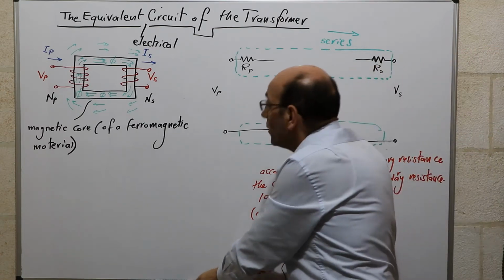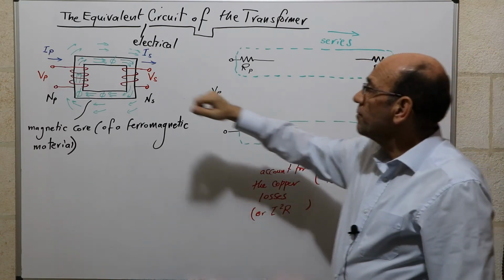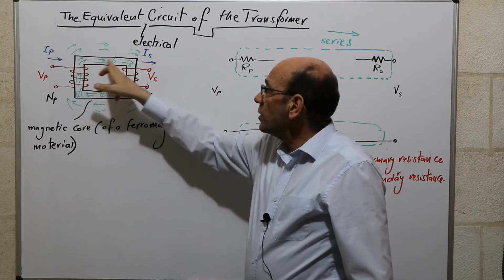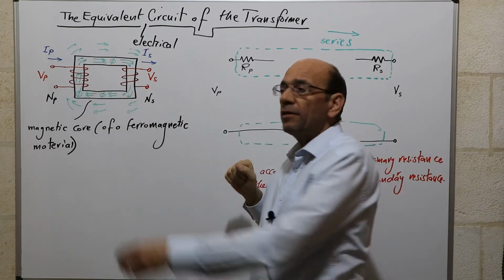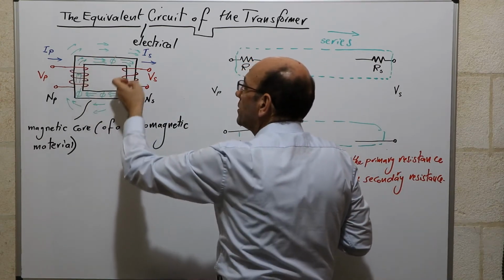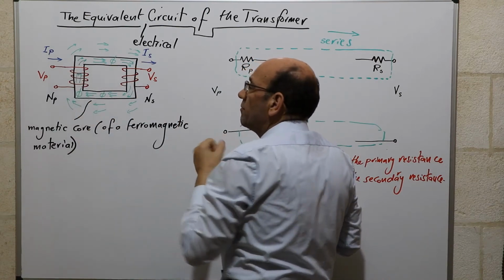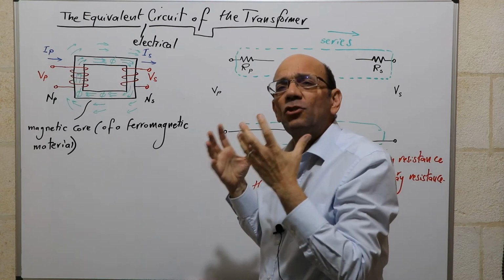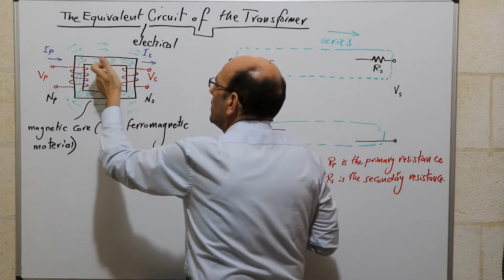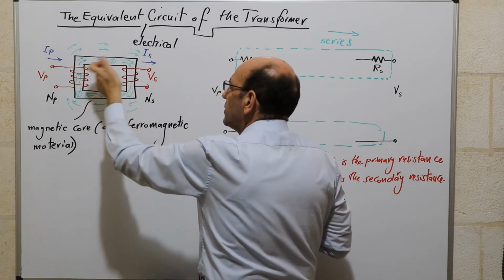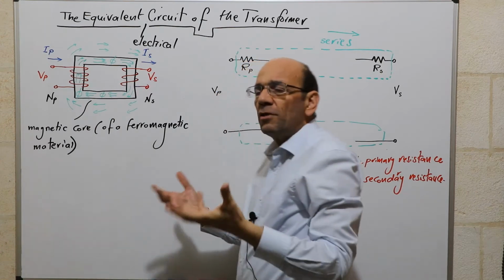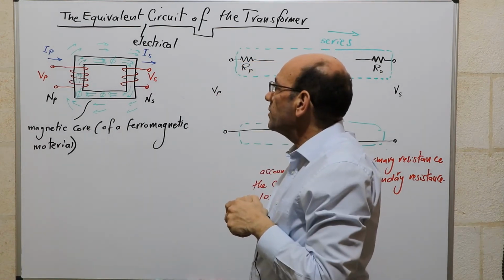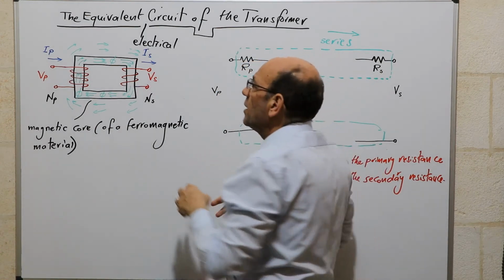The second component we need to take into consideration: we have to go back and look at these green lines, and this is the magnetic flux that is flowing. Flowing is a figure of speech. Nothing is actually flowing. We have magnetic domains aligning themselves, but simply we refer to this as flux, which is flowing.